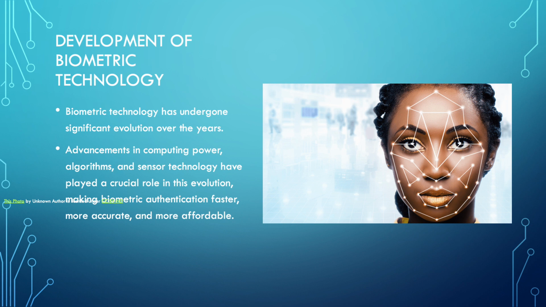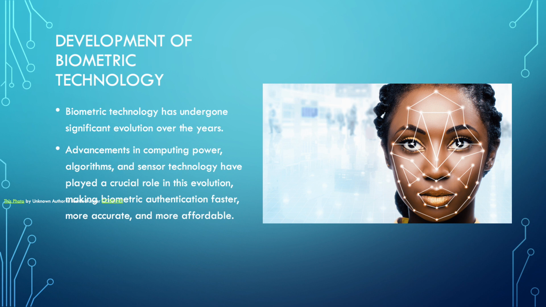So a little bit about the development of biometric technology. Biometric technology has undergone significant evolution over the years. Initially, it was used primarily in law enforcement and military applications, such as keeping big records of people's fingerprints or different areas of data collection. But today it's become a lot more accessible to the general public.